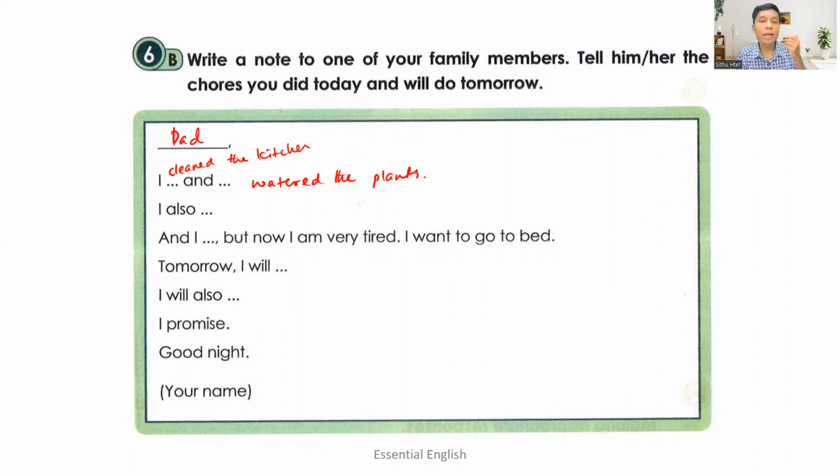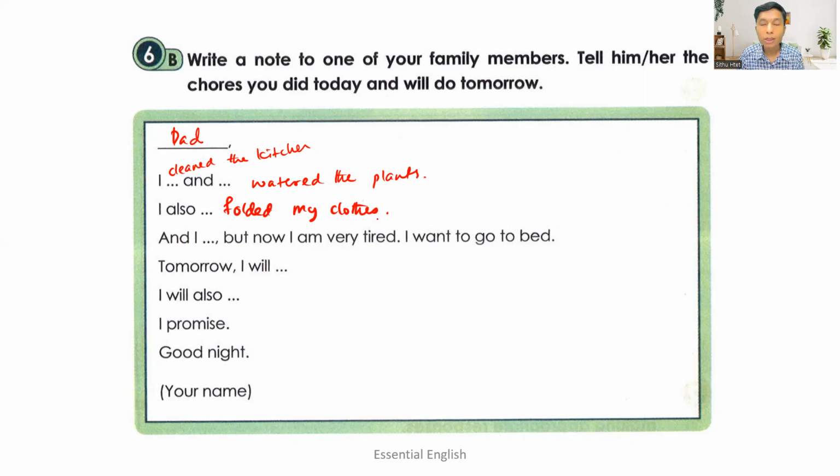So please think about another chore you did today. For example, I also folded my clothes. And okay, you also need to think about another chore you did today. For example, I tidied up the bedroom.